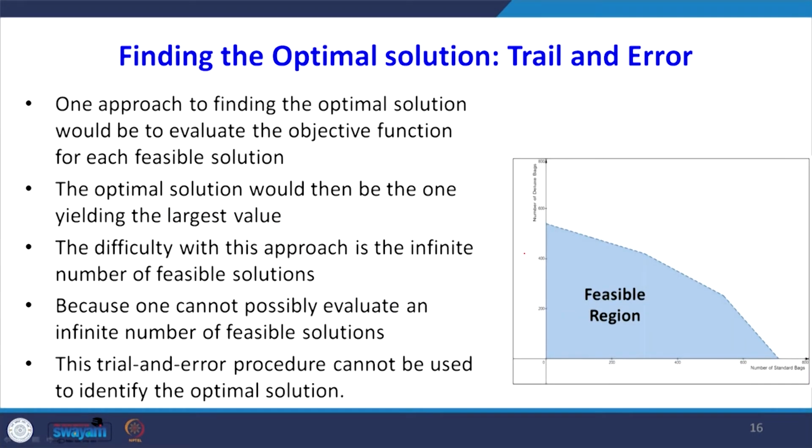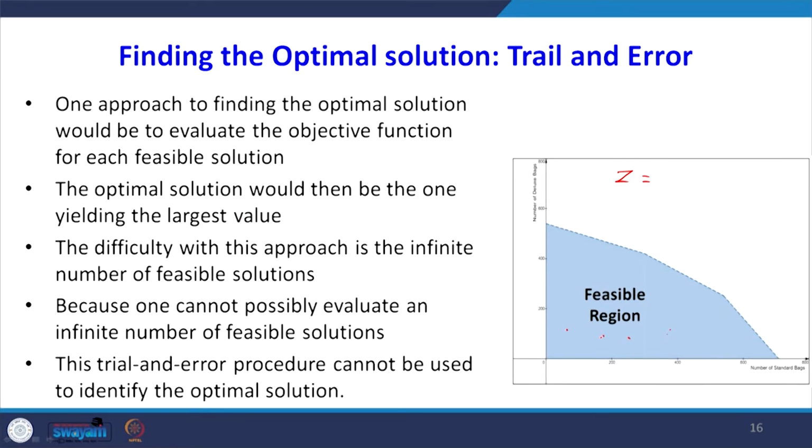Finding the optimal solution by trial and error. One approach to finding the optimal solution would be to evaluate the objective function for each feasible solution. What is the meaning? Every solution is a feasible solution, so we can substitute these values in our objective function. The optimal solution would be the one yielding the largest value.